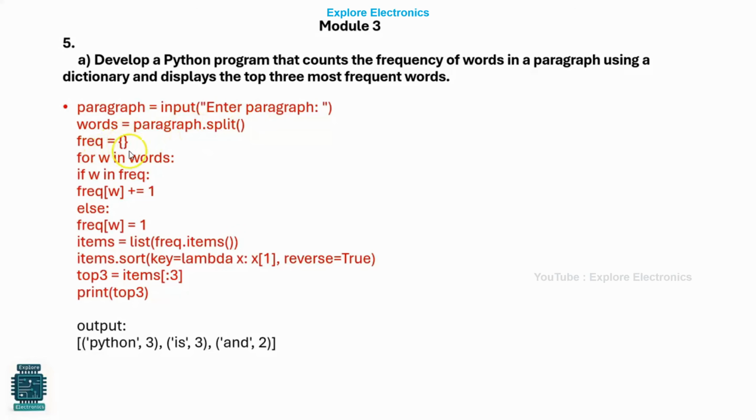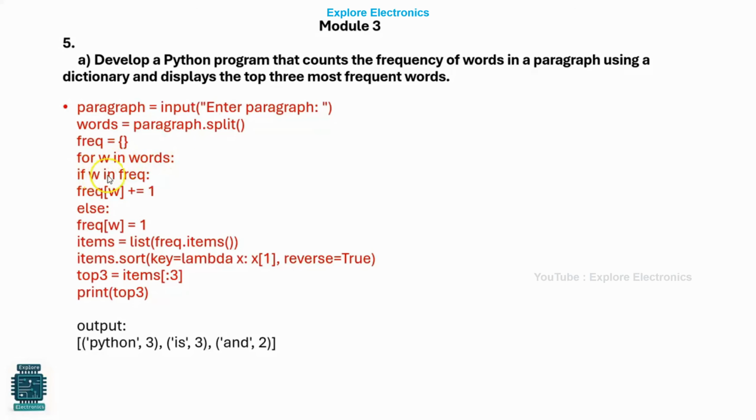frequency = {}. I have taken the curly braces because this initializes an empty dictionary named frequency to store the word frequencies. Clear? for w in words, which starts a loop that iterates through each word in the word list.